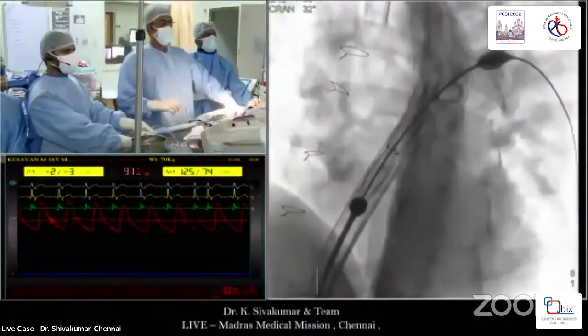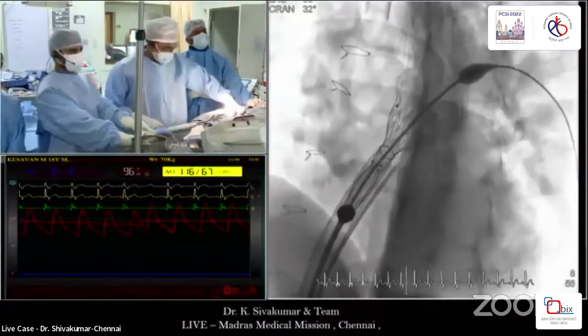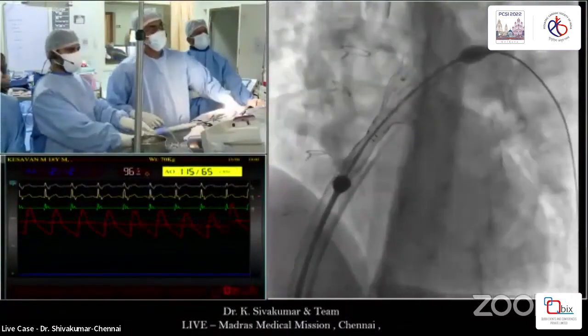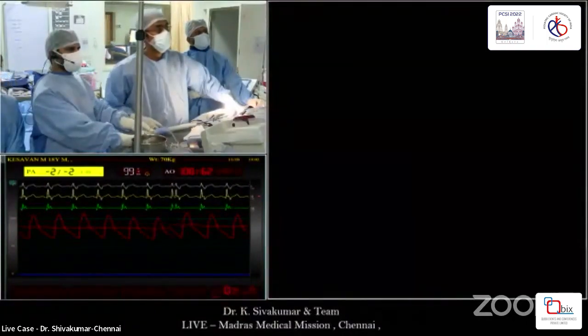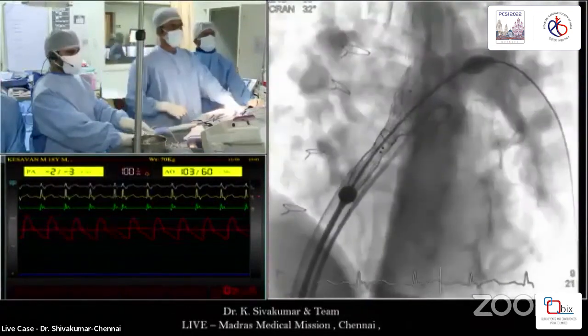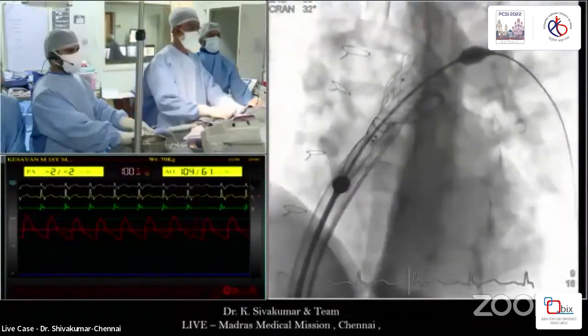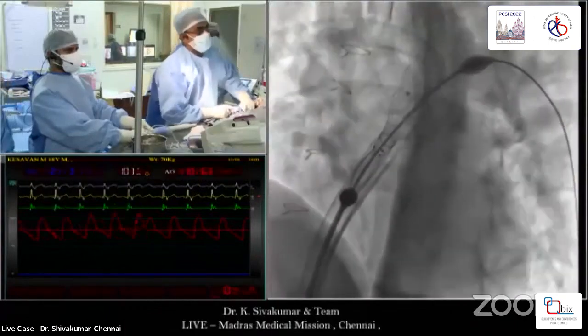Okay, now I am afraid whether... can you make one more angiogram? Do an angiogram. Okay, so it has fallen into the outflow tract. So I am going to resheath the valve.